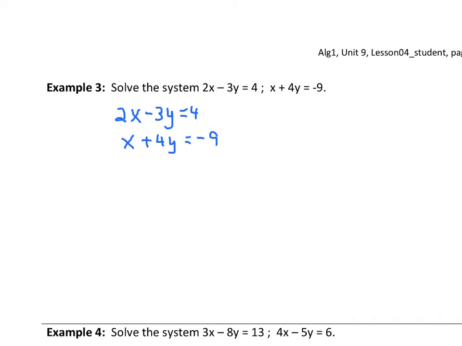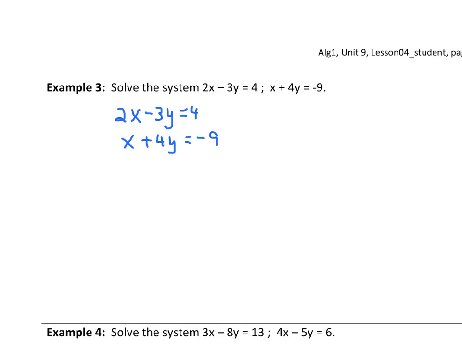Now my goal is to be able to add these equations together so that one of the variables is eliminated. Well, none of them are the same. So what I can do then is use multiplication to change one of the equations so that when I add it to the other equation, one of the variables will be eliminated.